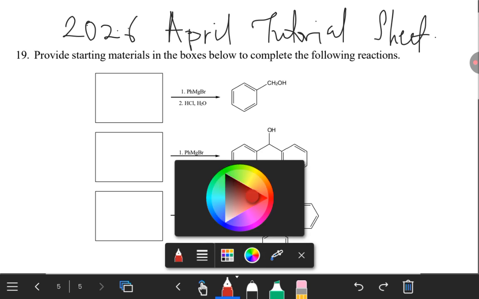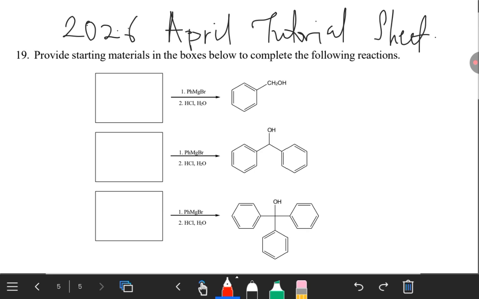this question, if we try to see the reaction, it's actually the Grignard reaction. So the reagent we have there is a Grignard reagent because we have a group which is a phenyl bonded to a magnesium bromide.